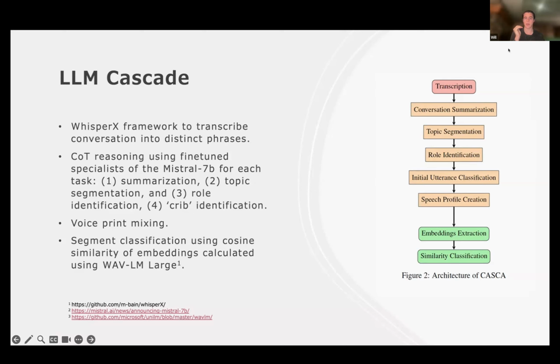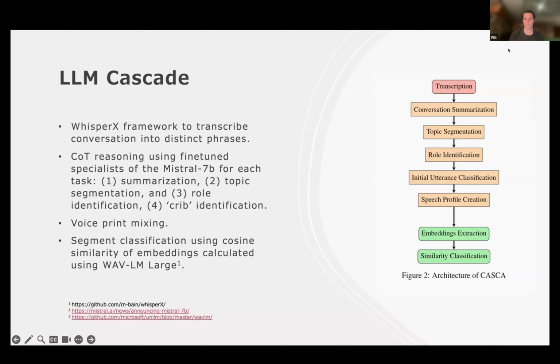So when we're asking the LLM what the role of speaker one is, we're not only passing in the text of the topic segment, but also the summary of the conversation. So it has a sense that we're in a medical conversation, talking about chest pain, and that the speaker's role in this part of the conversation is expressing their symptoms.